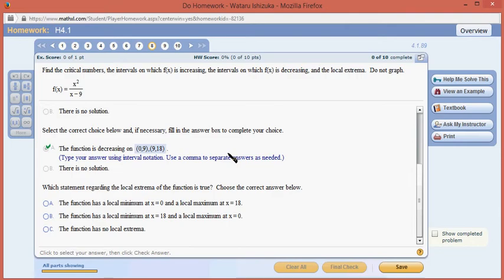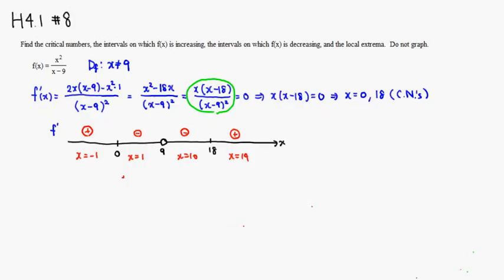We have to determine the local max and local min. Let's look at this using the first derivative test. On this interval the derivative is positive, so f is increasing. Here it's decreasing, and here it's still decreasing.